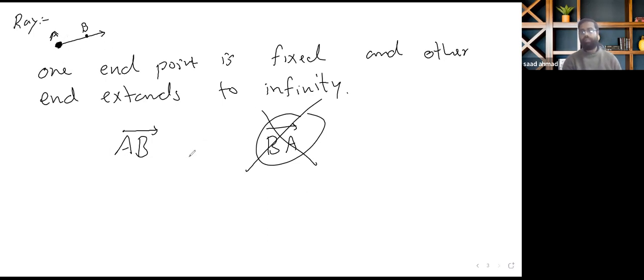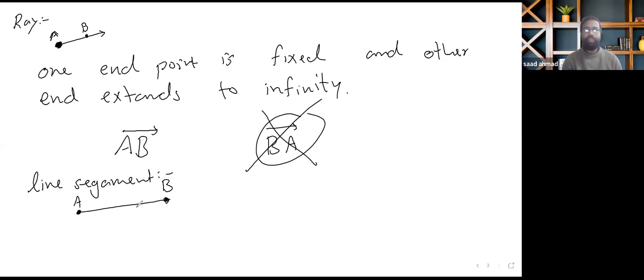We cannot write it like this because the endpoint is the one from where we are starting. Okay, like that. And now let's say we have just a part of a line, which has both endpoints, like this. Then we call that a line segment.